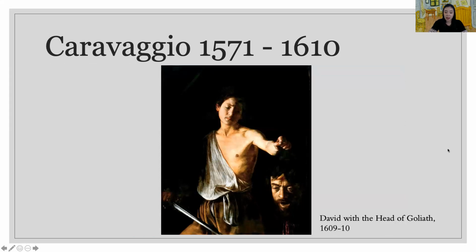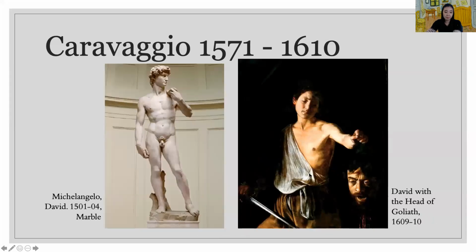And this is David with the head of Goliath by Caravaggio. The same thing made in a different era by Michelangelo. So even though Michelangelo and Caravaggio depicted the same David in their works of art, their Davids look totally different.